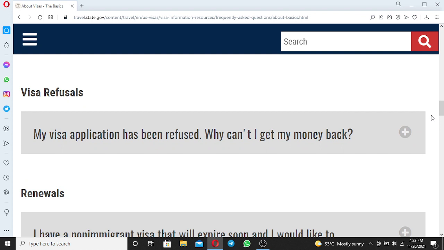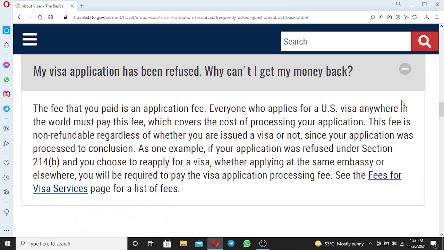And visa refusal. What does this mean? My visa application has been refused. Why can't I get my money back? The fee that you paid is an application fee. Everyone who applies for a US visa anywhere in the world must pay this fee, which covers the cost of processing your application.